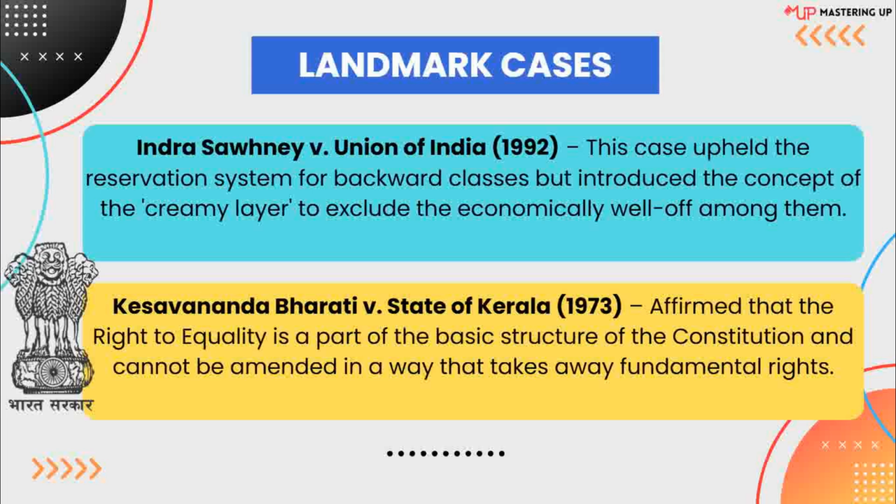It established the basic structure doctrine safeguarding fundamental rights and Article 32 from amendment, and affirmed that the right to equality is a part of the basic structure of the Constitution and cannot be amended in a way that takes away fundamental rights.